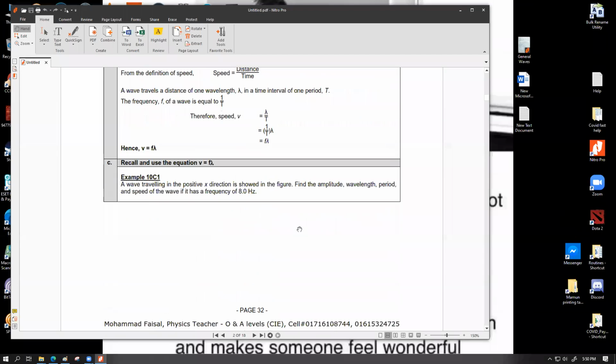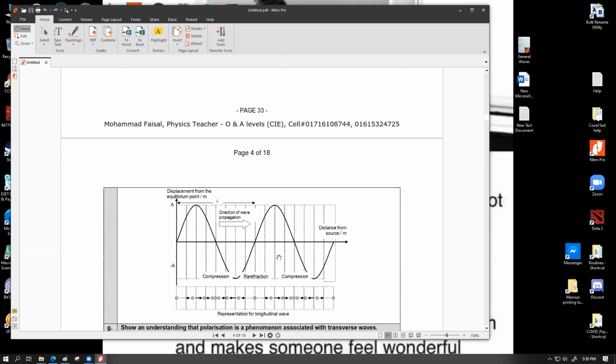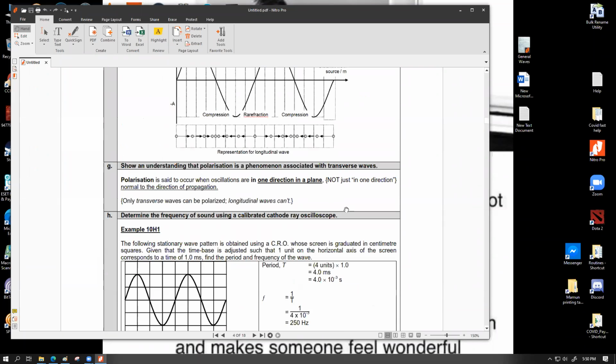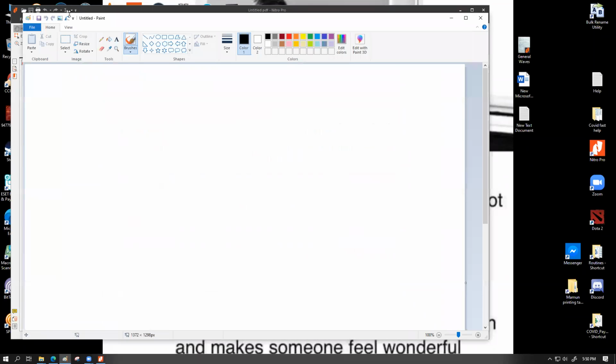We can have a wave. Let's say this is a wave. Let's say we have a larger sort of wave. Okay, yes, consider this solid line. If you consider this solid line, there are not two sets of waves here. Okay, let me draw a wave.